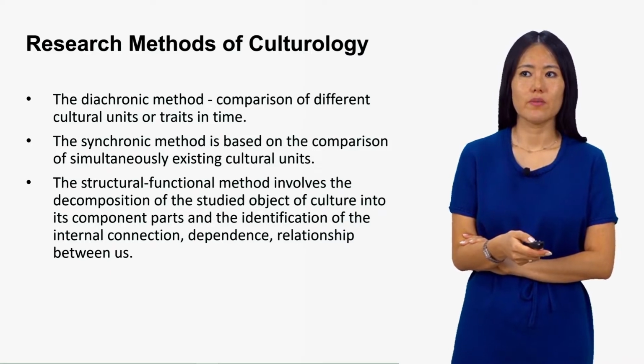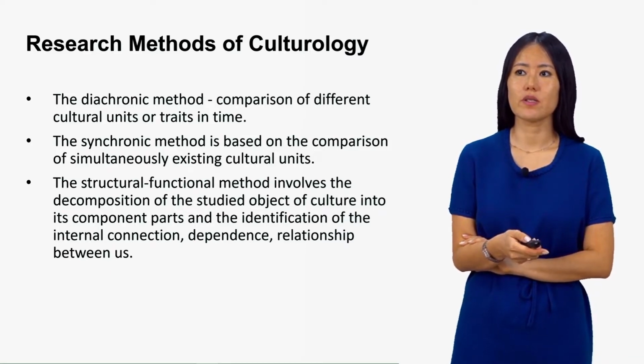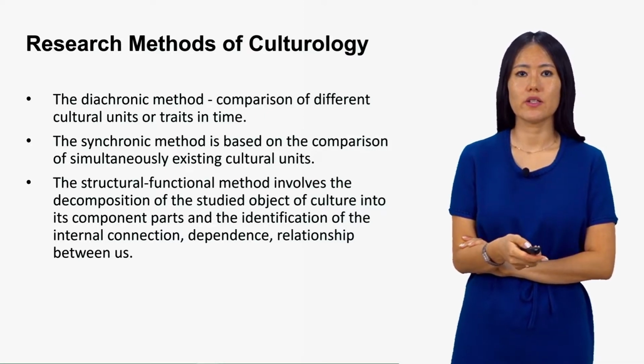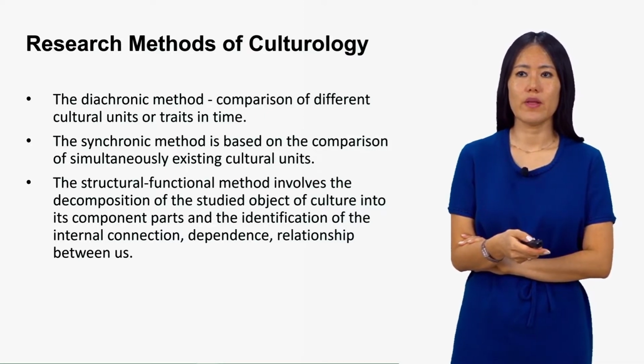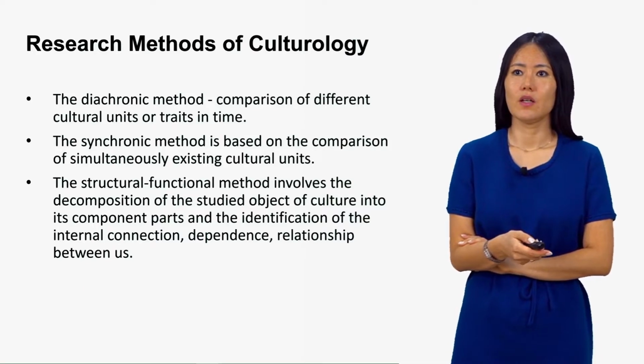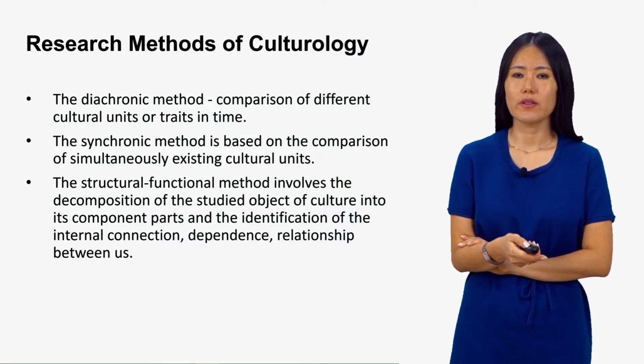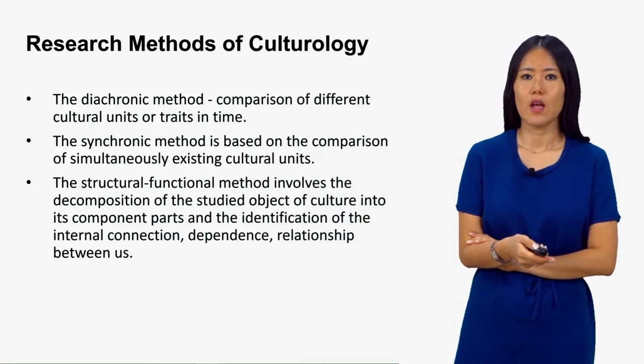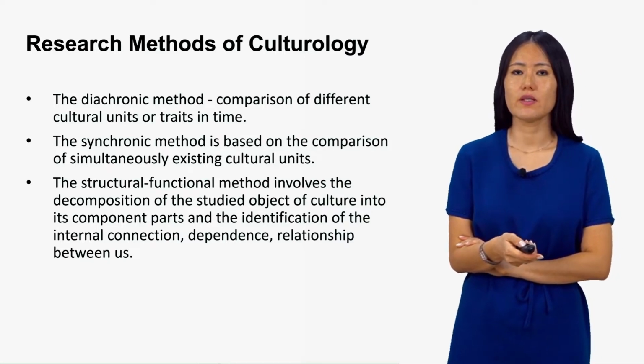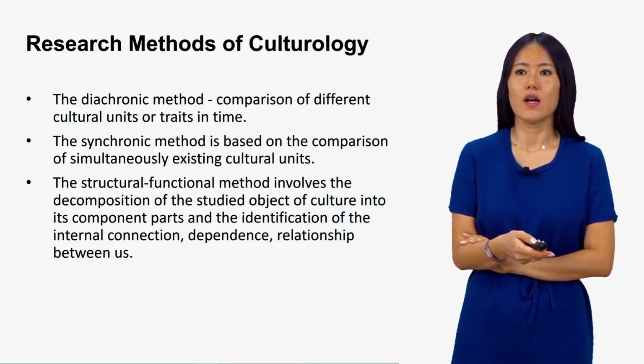The diachronic method is the comparison of different cultural units or threads in time, and the opposite method to the diachronic method is the synchronic method, and this method is based on the comparison of simultaneously existing cultural units.